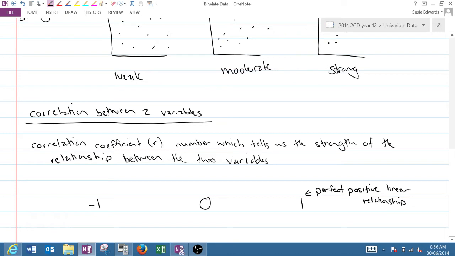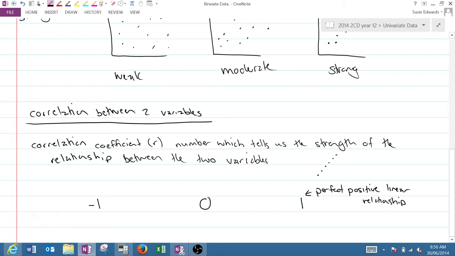What do you reckon it means by perfect positive linear relationship? It's not specifically a number, but if you did that, they would be in a straight line. So it means that the points are in an exact straight line. There's no deviation from that straight line.